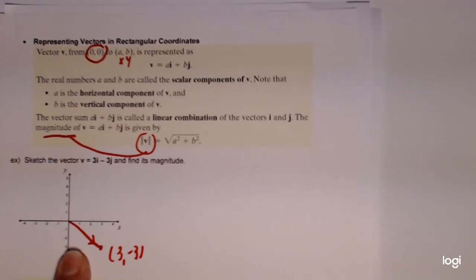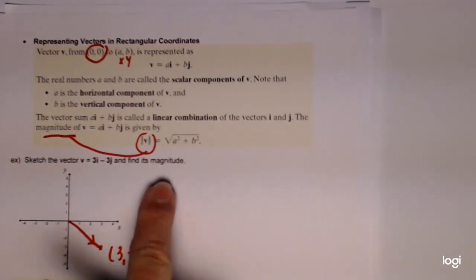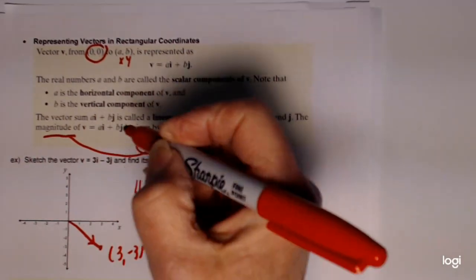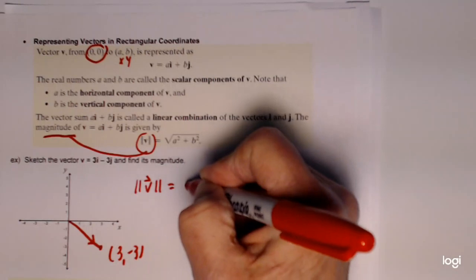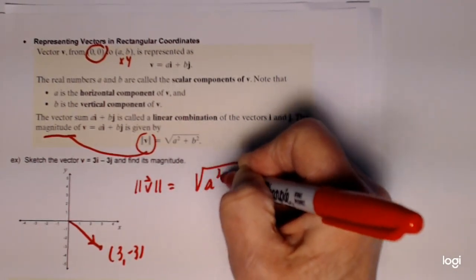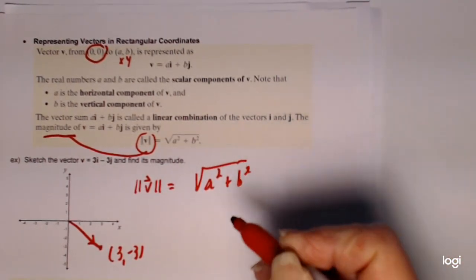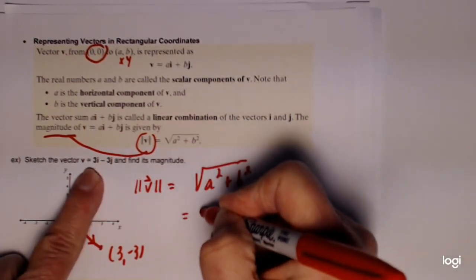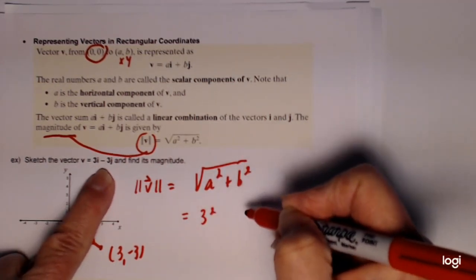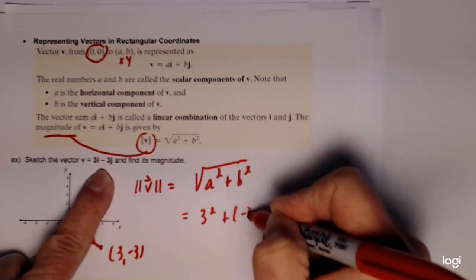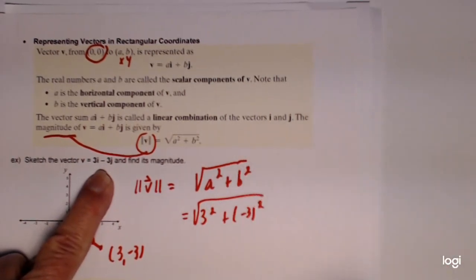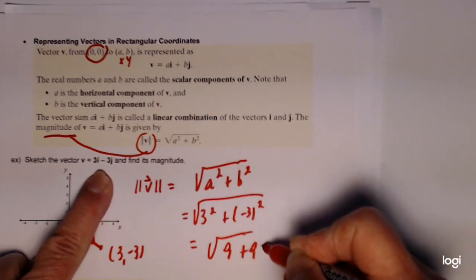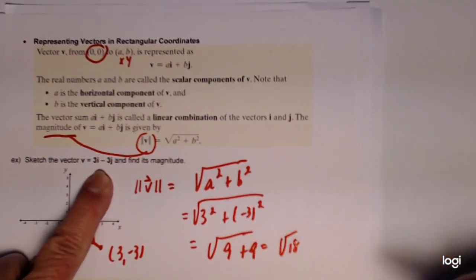Now the other thing we are asked to do here is to find its magnitude. So using the information from above, the magnitude of this vector V is going to be the square root of A squared plus B squared. In our example, A is 3, so this is going to be 3 squared. B is negative 3, so negative 3 squared. All of this is under the square root. So now we have 9 plus 9 is equal to the square root of 18.